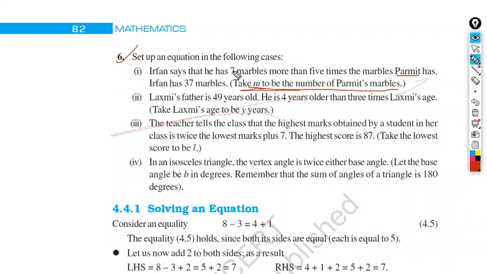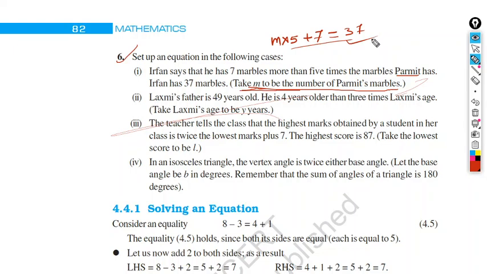Irfan says that he has 7 more marbles than 5 times Parmit's marbles. So Parmit has m marbles. 5 times, that means m into 5. Irfan has 7 marbles more, that means plus 7. 7 more will be equal to what? 37 marbles. So this is your equation: m into 5 plus 7 equal to 37.